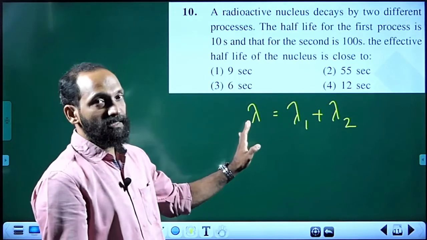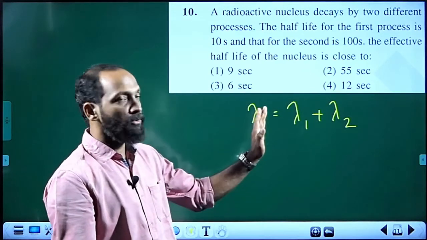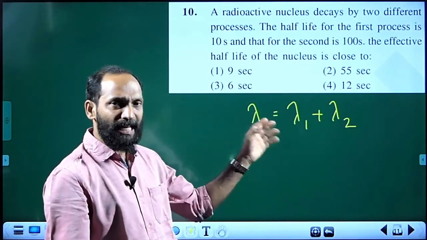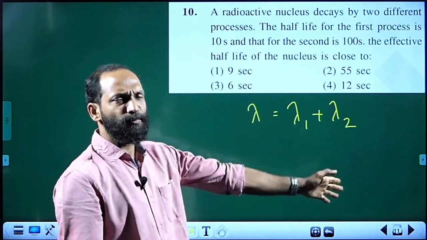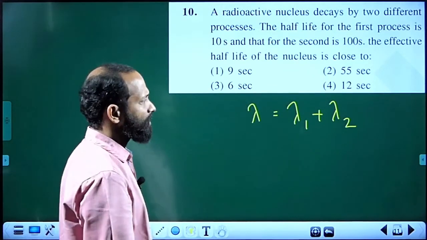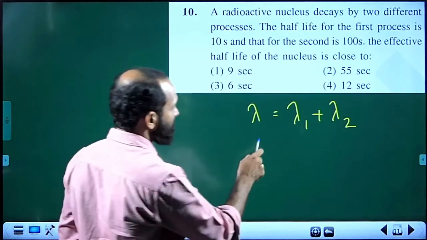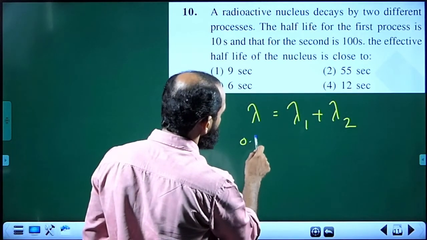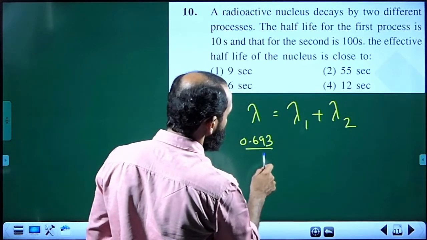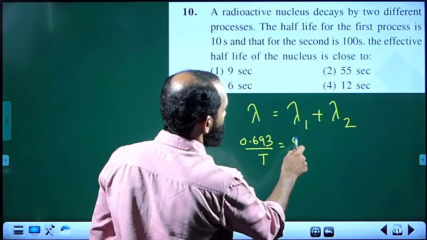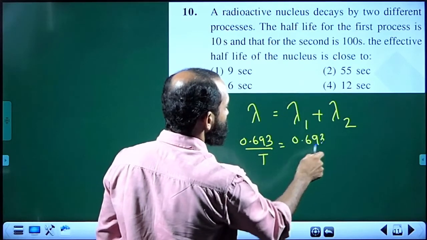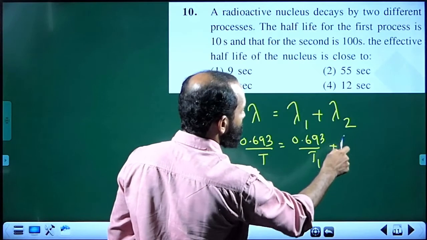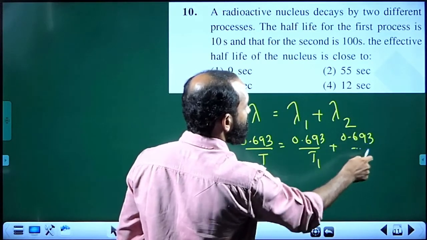Total decay per second is equal to decay per second by alpha plus decay per second through beta, like that. There are two different processes by which decay takes place. Now lambda can be written as 0.693 divided by t half: lambda 1 is 0.693 by t1, lambda 2 is 0.693 by t2.